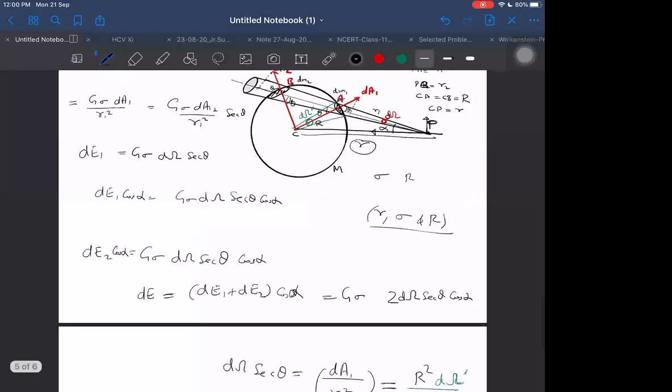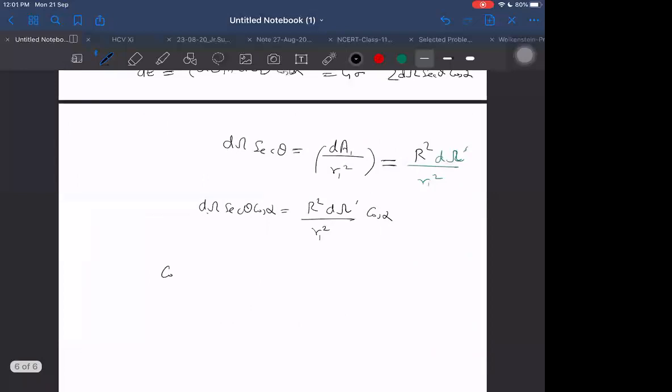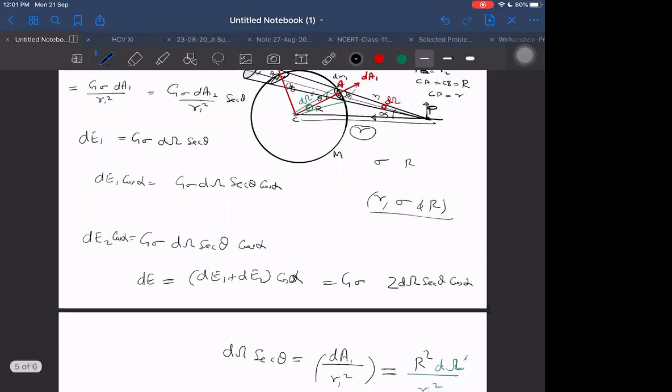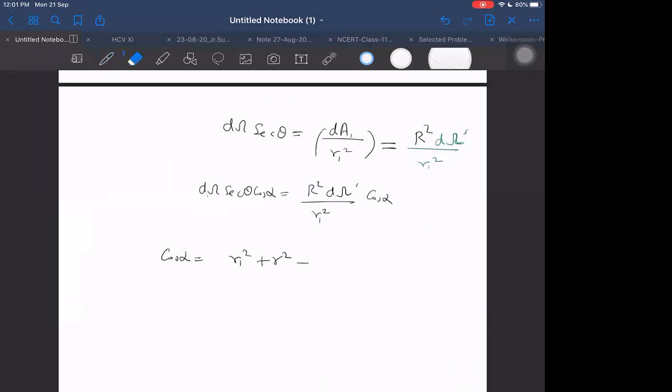How to write cos alpha? Cos angle formula. In terms of R1 and small r, I want to write it. I think I can write cos alpha as R1 square plus R square minus 2 R1 R into capital R, minus capital R square by 2 R1, minus capital R square by 2 small r into small r1.